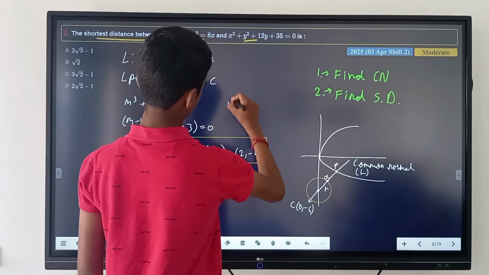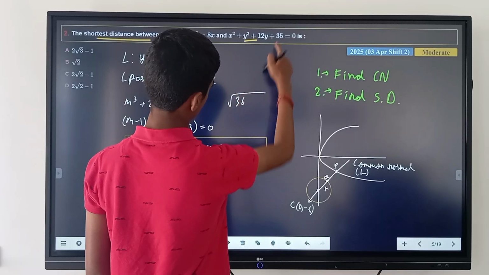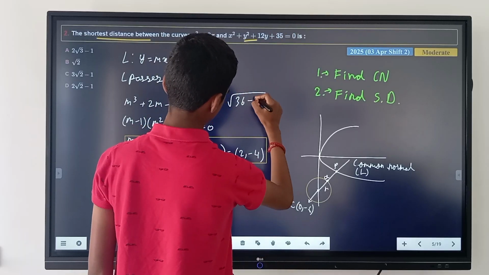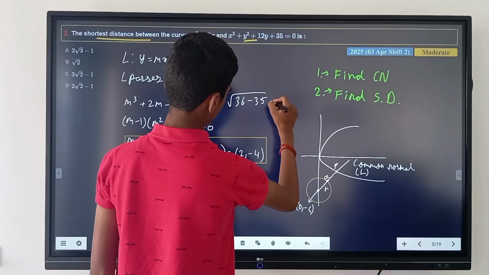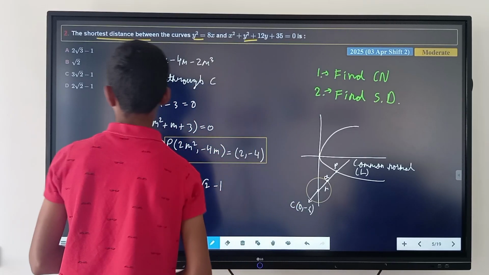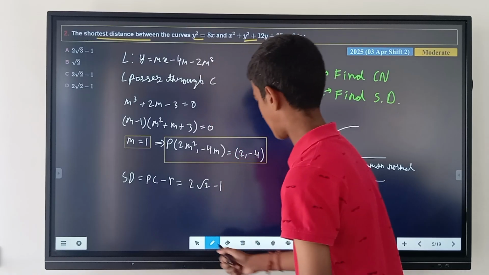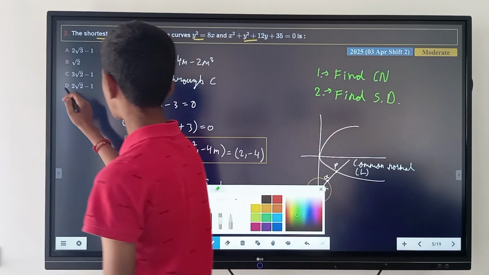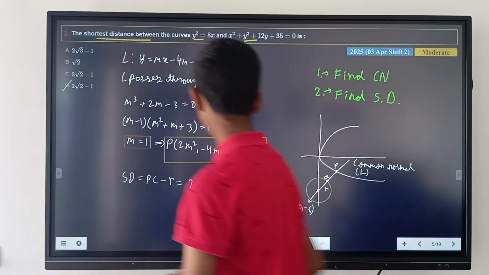And the radius will be under root of 36 minus 35, which is equal to 1. So we will get 2 root 2 minus 1. From here our answer is option D.